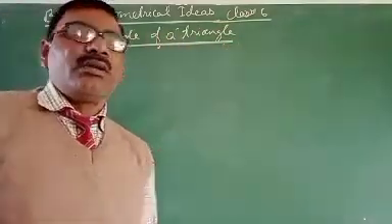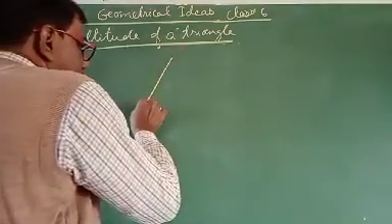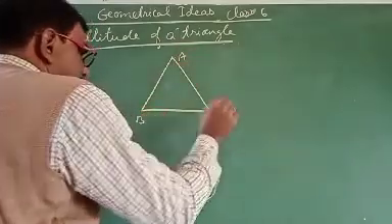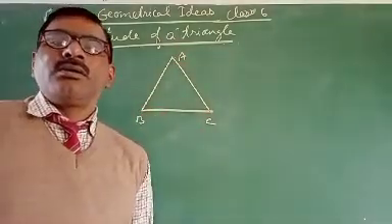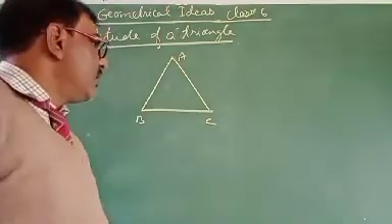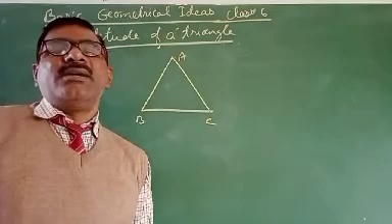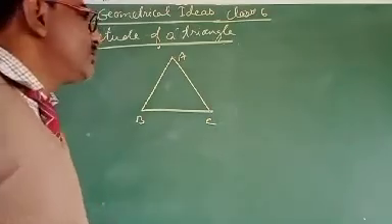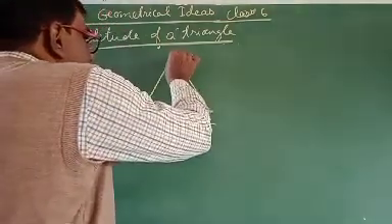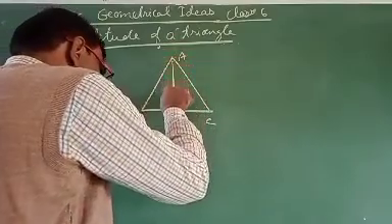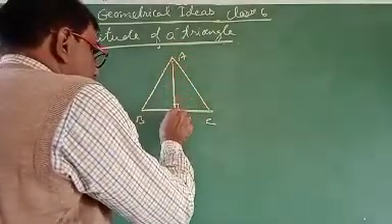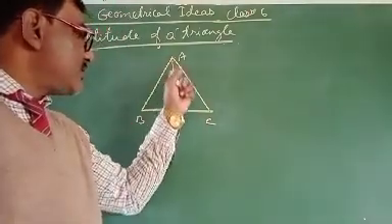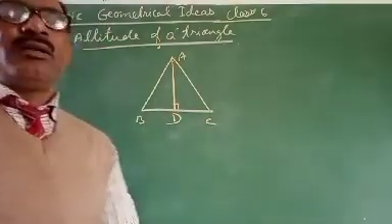First of all, I will draw a triangle ABC. If you draw a perpendicular from any vertex to the opposite side, it is called an altitude of the triangle. Suppose we draw a perpendicular AD from vertex A to the opposite side BC.